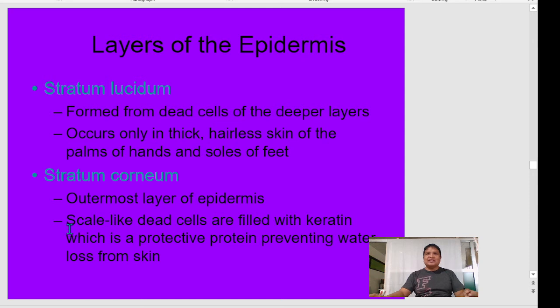Nga mo na siya scale-like dead cells that continuously fills off. Na siya protein nga, cornified protein nga mga itong keratin. Para dili ta mahumog sa tubig kung magumulta, no? Waterproofing, then plus the sebum.